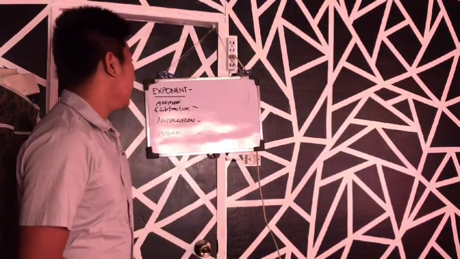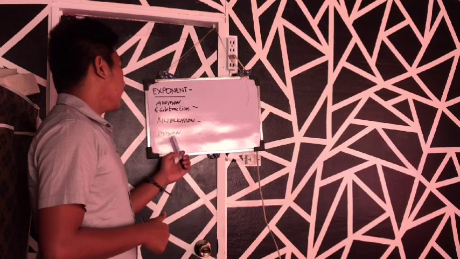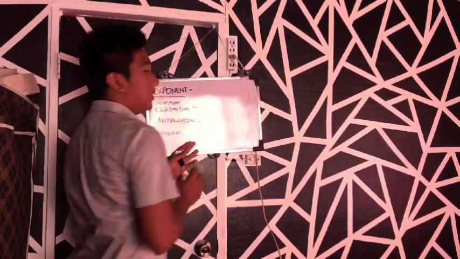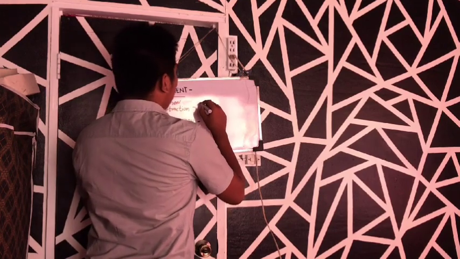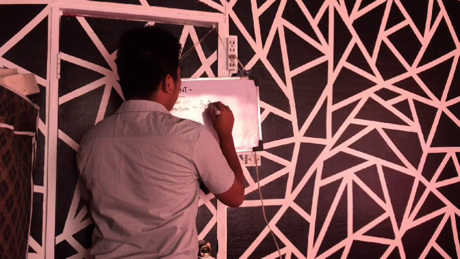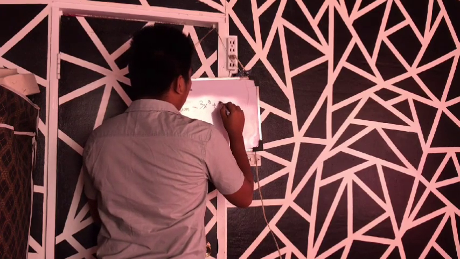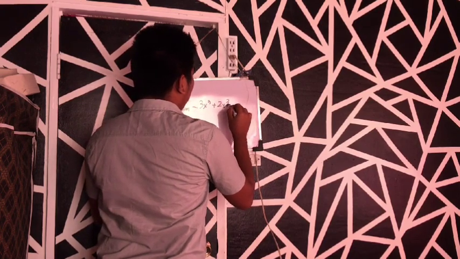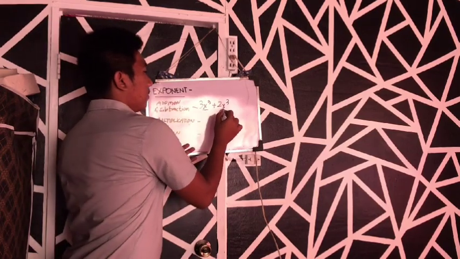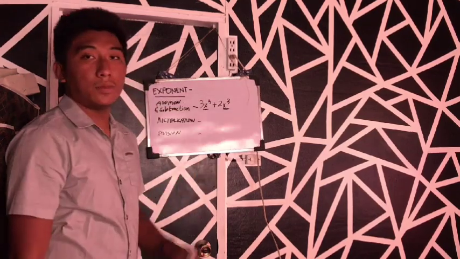Next, we will perform adding, subtracting, multiplying, and dividing exponents. Let us first do the addition and subtraction. We have a given example of 3x cubed plus 2x cubed. As you can see, they have the same variable and exponent.